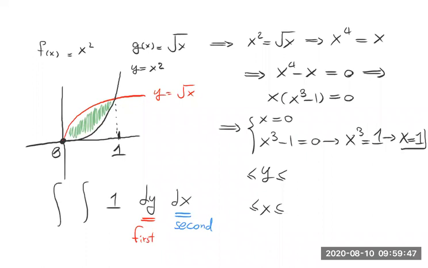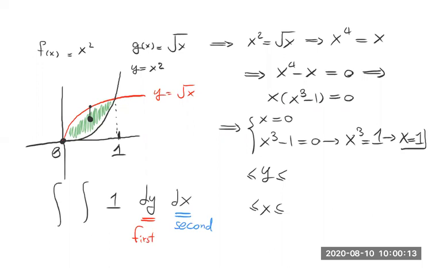Okay, so let's look at the point here. Take a point in this green region. What are the bounds for y? If I go up, I would get to this red curve. So the y value of this point in this green region is less than the y value of this red curve.